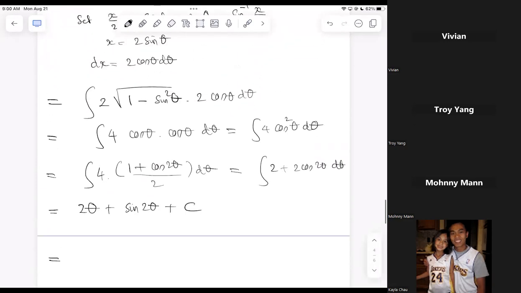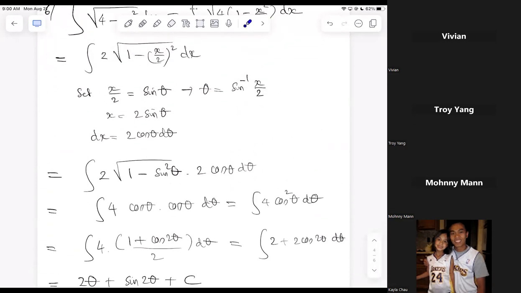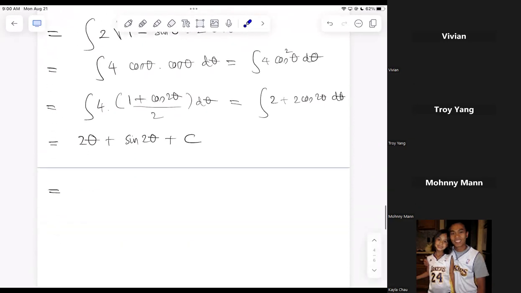So theta is equal to what? Theta is equal to sine inverse of x over 2. So I have 2 times sine inverse of x over 2.